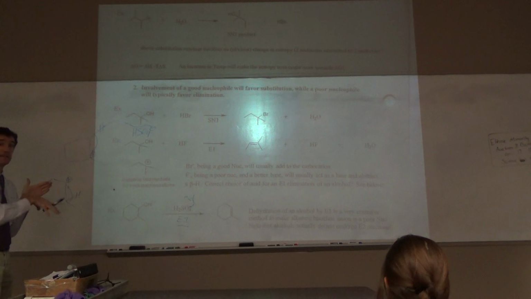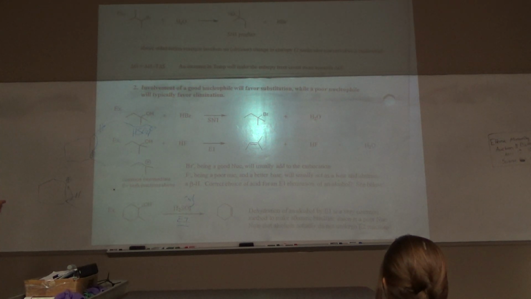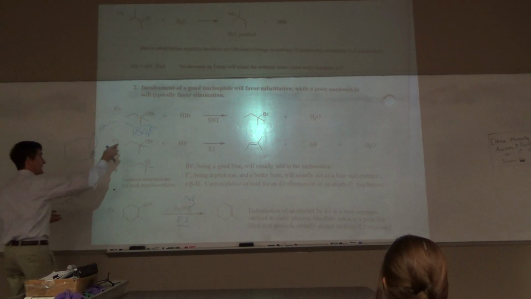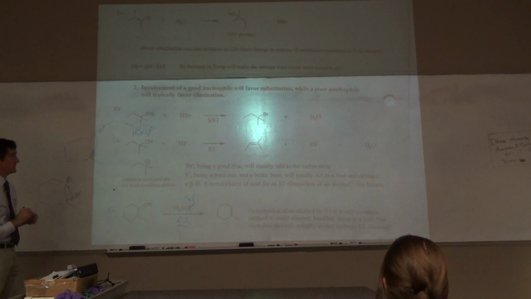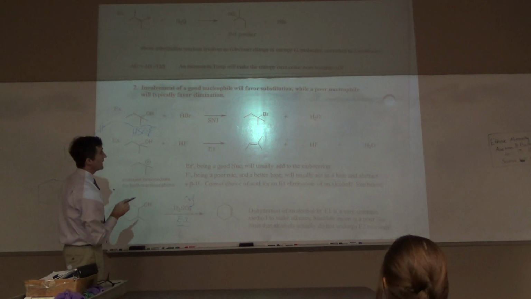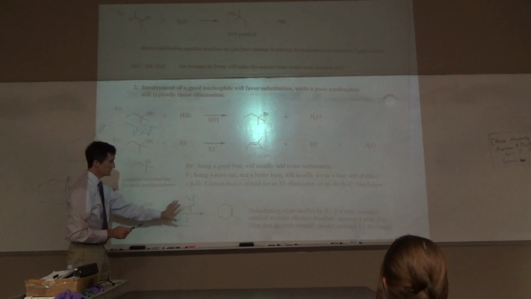We want the alkene to add again to the cation. The alkene keeps adding. So we didn't want to use HBr and HCl. We had to use sulfuric acid because this anion will not add to cations. It's a poor nucleophile. If we use a poor nucleophile, we're going to get elimination. That's what's going on down here.